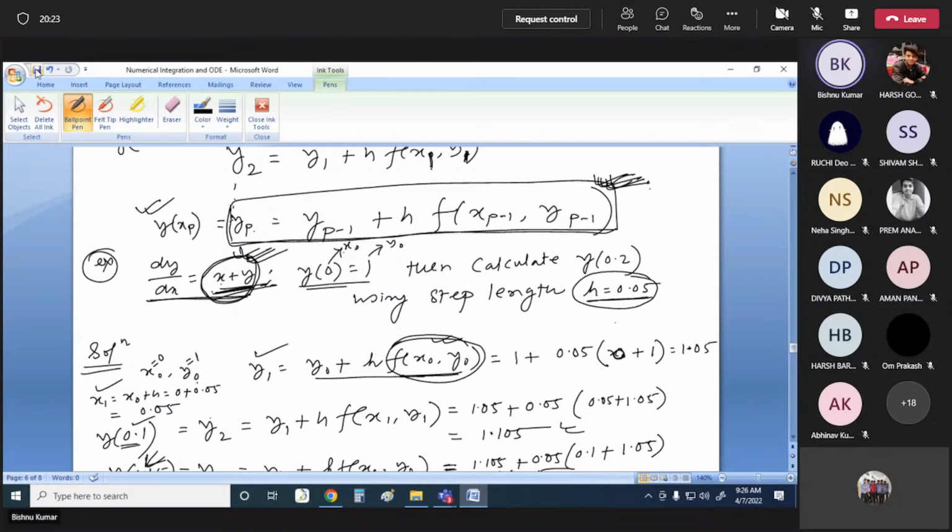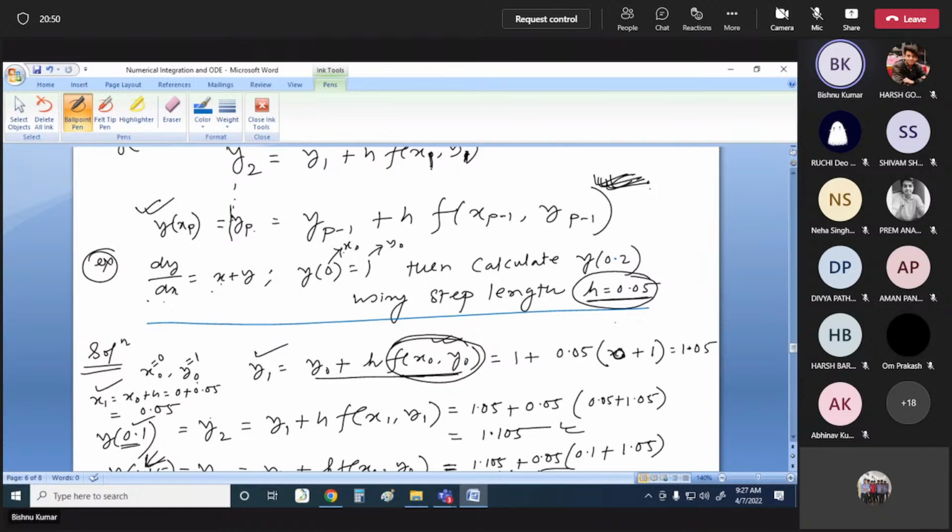Read this question carefully. dy by dx is given to you as x plus y, and y0 means at x0 value 0, y value is y0, that is 1. So x0 is 0, y0 is 1. Then calculate y at 0.2.